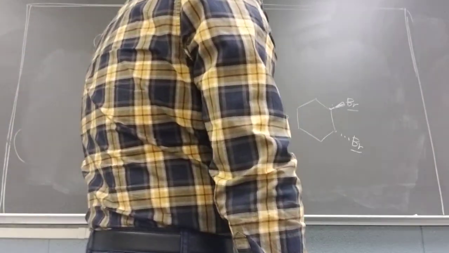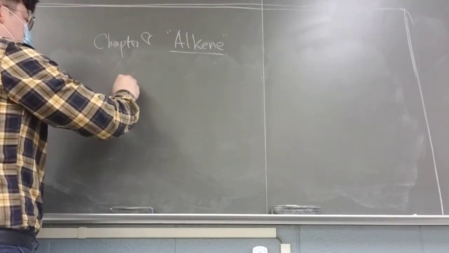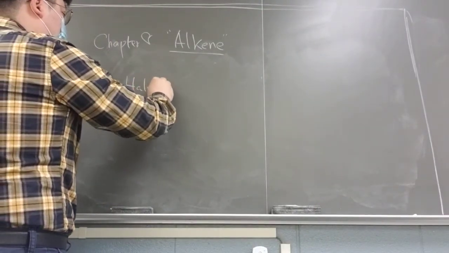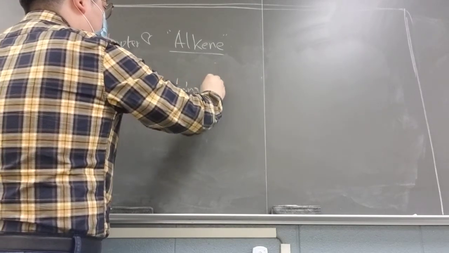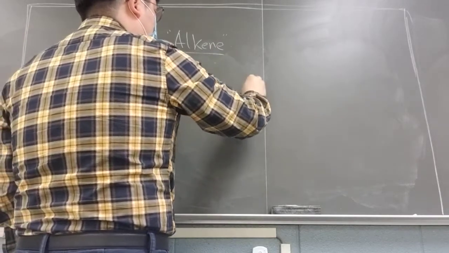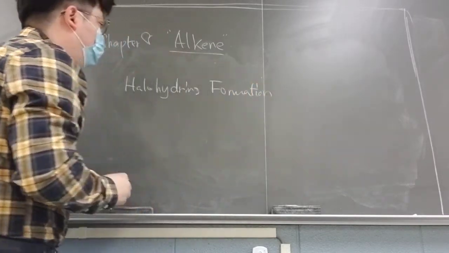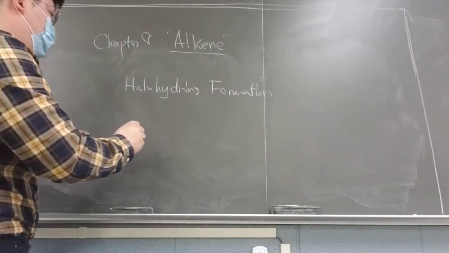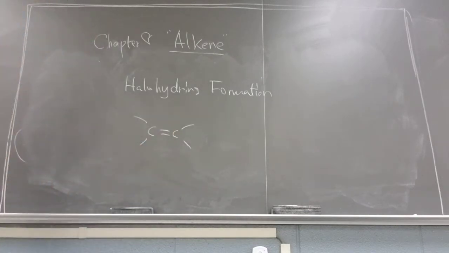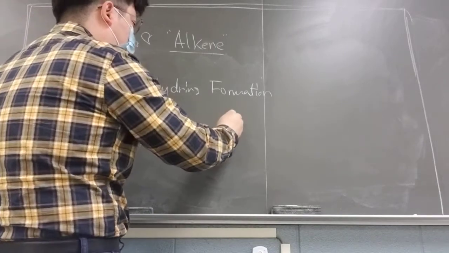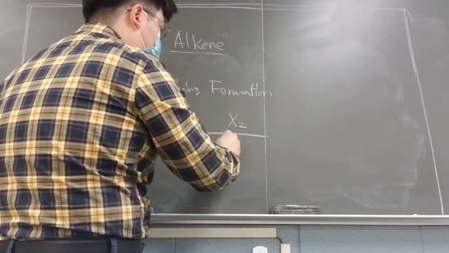Okay. All right. So the next one is what we call halohydrin formation. So halohydrin formation is usually if you have once again some double bond in your compounds, you can do it with X2 over water.